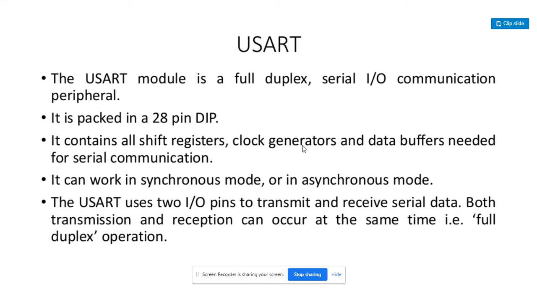It works in synchronous mode as well as asynchronous mode as already stated. The USART uses two input-output pins to transmit and receive the serial data. Both the transmit and receive can occur at the same time, which means it operates in full duplex mode.